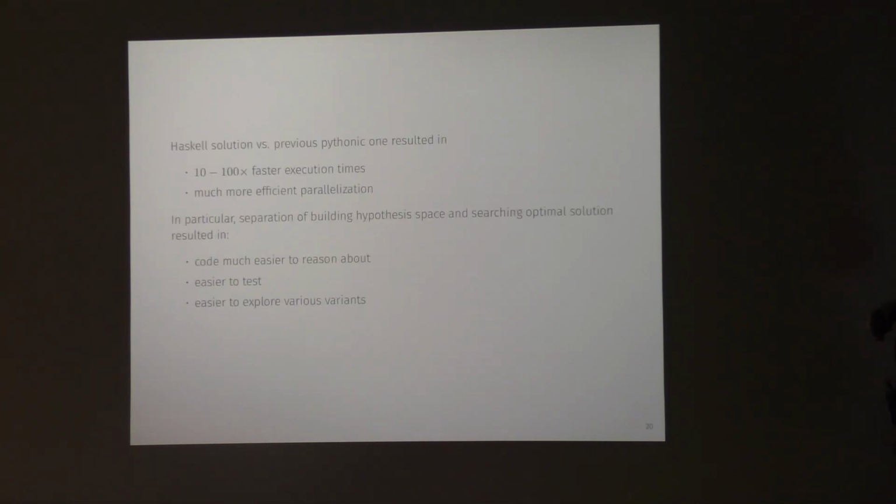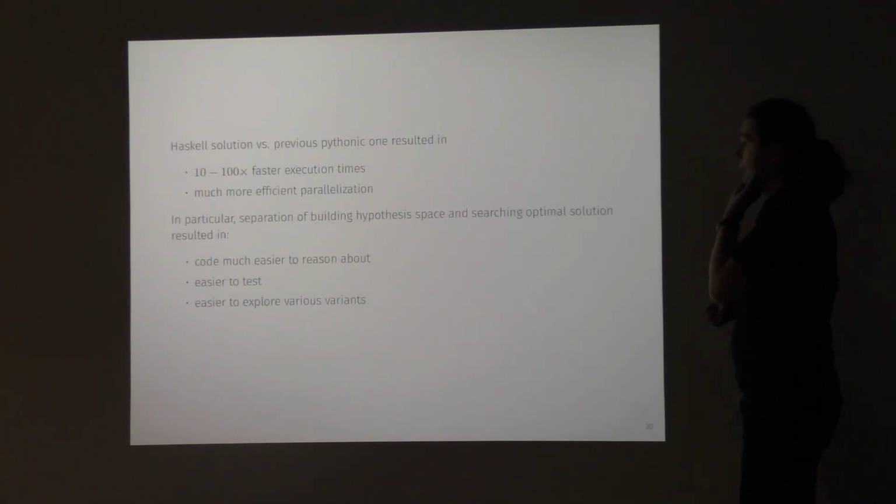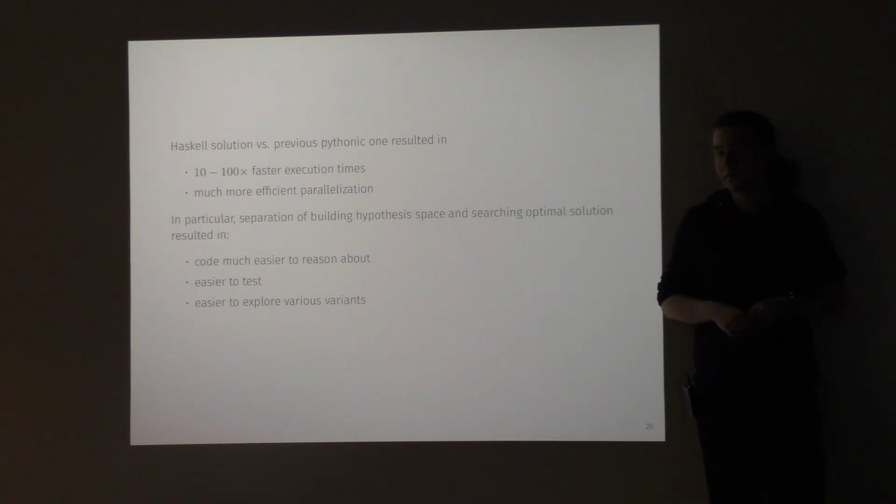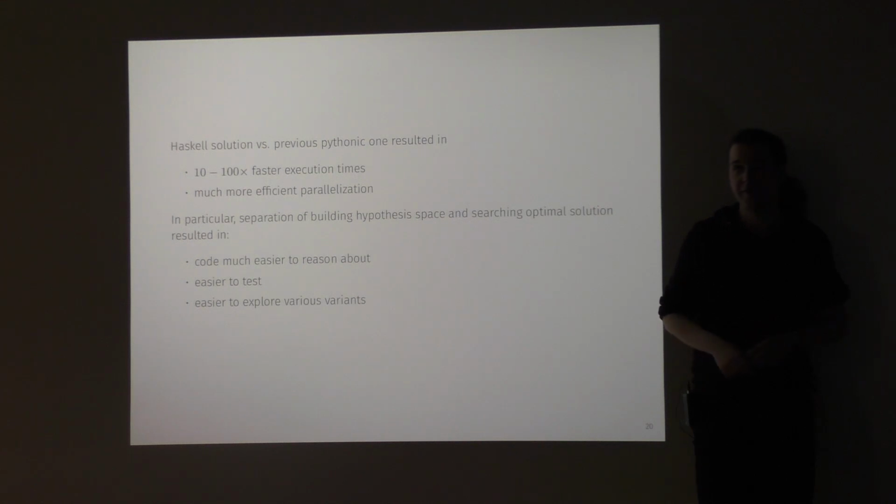So the conclusions, what we observed is that actually with this lazy evaluation we get code much faster than the Python code. By factor 10 to 100, more or less. It depends on the data set. Actually, there were bugs in the Python code discovered during implementation of the Haskell code, so it is pretty hard to compare because those bugs were basically resulting in the fact that some part of the hypothesis space in Python was not searched.